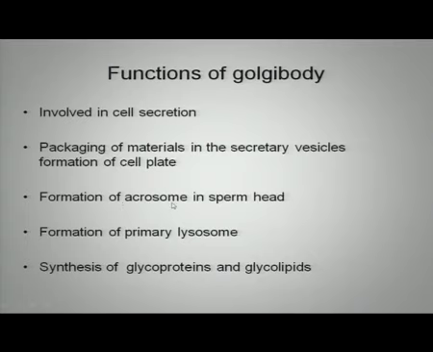Then they help in the formation of the acrosome in the sperm head region. The acrosome, present on the tip of the sperm head, is a modification of Golgi bodies which contains enzymes for penetrating the different layers of the ovum such as corona radiata, zona pellucida and vitelline membrane. So, it plays an important role in penetration of the sperm into the ovum.